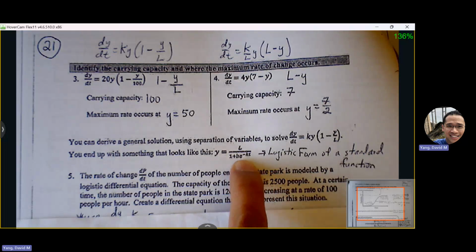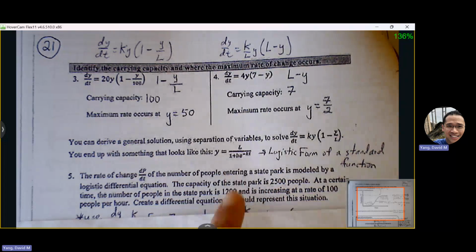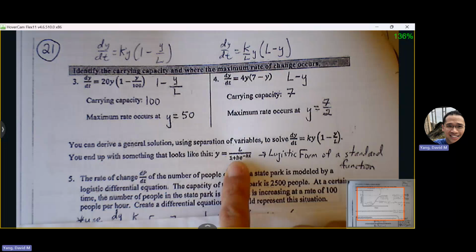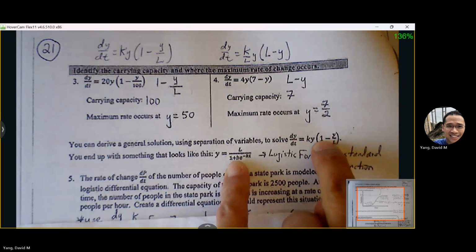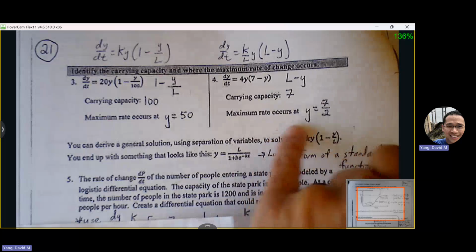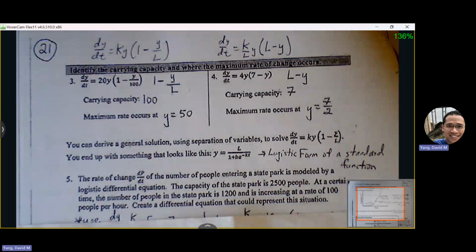We're likely not going to see anything in this form, but just know that there is a solution of the derivative. We're largely going to remain in this form. We're largely not going to have to solve it, just have to be able to pull certain information at the differential equation level.